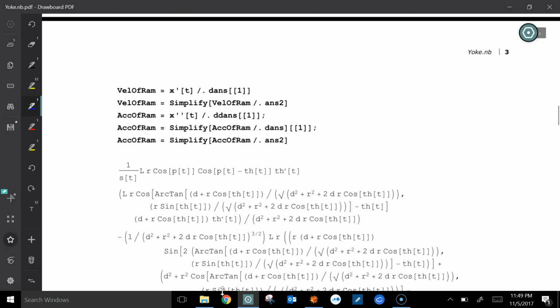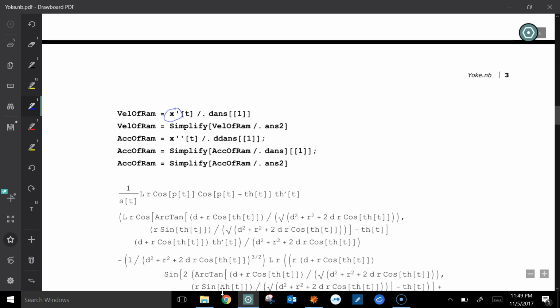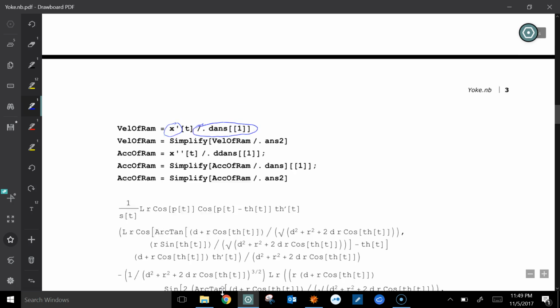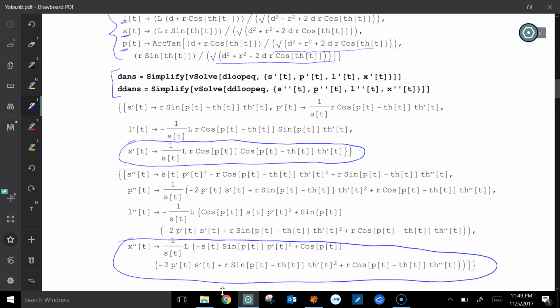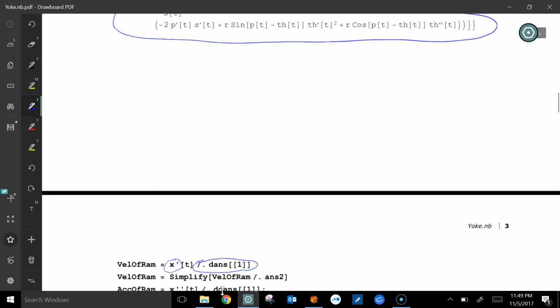Okay, so the velocity of the ram is the X dot term, and so I'm putting in the algebra. So what I'm doing is I'm telling Mathematica to take the first solution for the X dot, right? So I'm taking the X dot, and I want the first answer, and I want just the X tick, right?